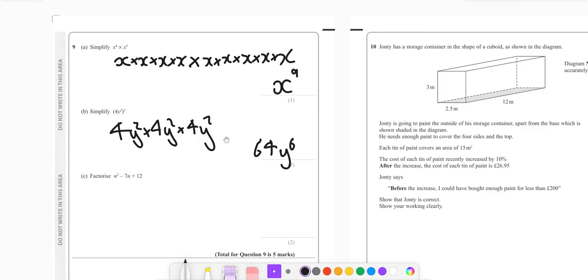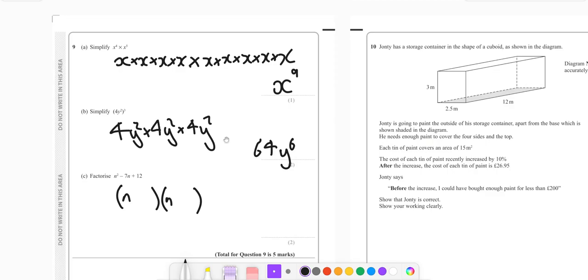And then factorise this. So we're going to put into double brackets. So we know it's got to be an n here and an n here to get the n squared. And we don't know what the numbers are. It could be 6 and 2, 12 and 1, or 4 and 3. They're either both positive or both negative.